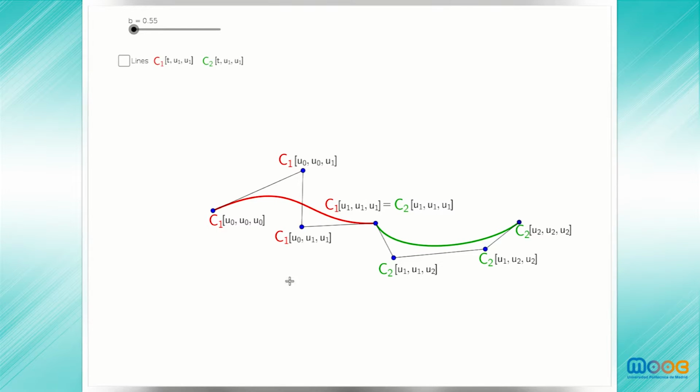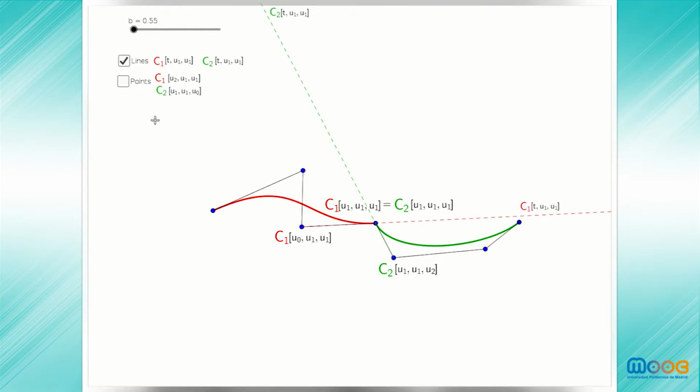As we said, the C1 condition depends on these 2 points. So we are going to consider the line that passes through these 2 points. And it also involves these other 2 points, and we are going to see the line that passes through these 2 points. These are the lines in green and the line in red. The parameterizations of these lines can be given in terms of the polar form.